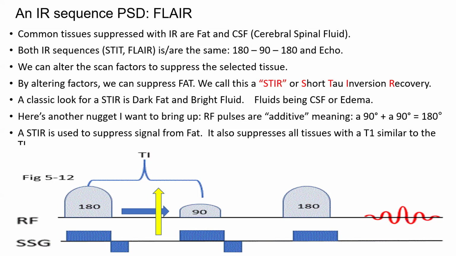Then the 90 comes in. Fat gets knocked into the transverse, and water gets knocked down to the negative longitudinal. Then the 180 comes in. Water gets knocked into longitudinal again, and fat is in the transverse plane. At TE, fat gives you signal, water does not.